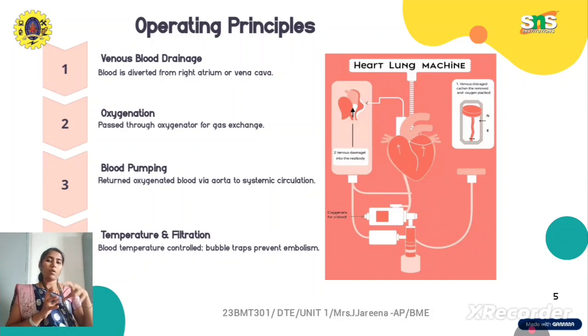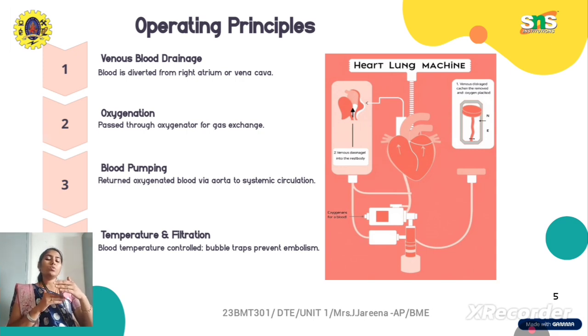And in addition, we have to maintain the body temperature. That is the temperature and filtration mechanism. In the temperature setup, it has capillary tubes with cold water flow. When we have the blood tubing over this capillary tube, heat conduction will take place, heat exchange will take place, so that the temperature we need to maintain, whether 30 or 31 or core temperature, is adjustable based on the cold water and the hot water flowing over the blood tubing.